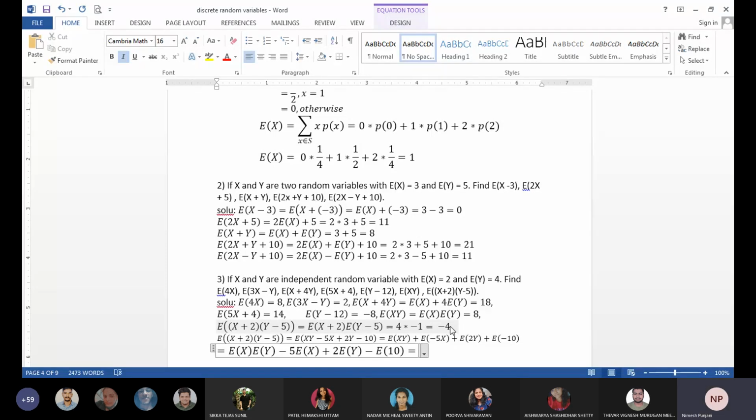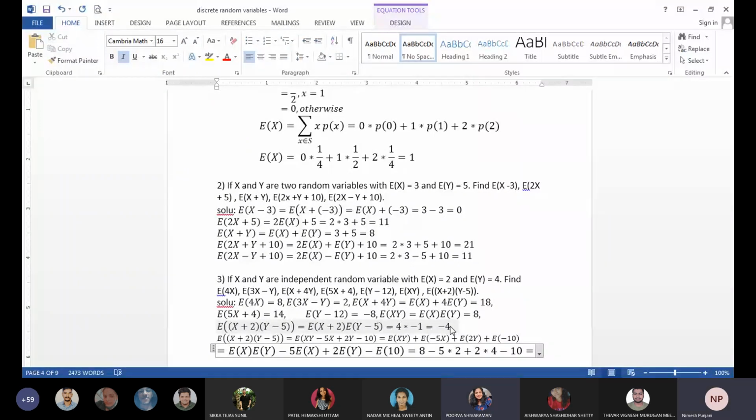Right? अभी फर्स्ट टर्म क्या मिलेगा? Expected value of xy will give me 8. 8 minus 5 into 2 plus 2 into 4 minus 10. Right?